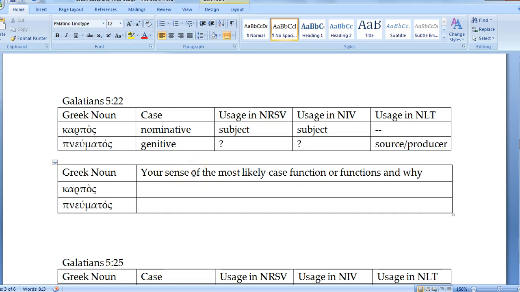And that makes, again, I think, perfect sense, because the Spirit and the flesh are active forces working upon us and through us, according to Paul. And therefore, the flesh craves one set of things, but the Spirit produces another set of things. So genitive of source or producer really makes good sense here.